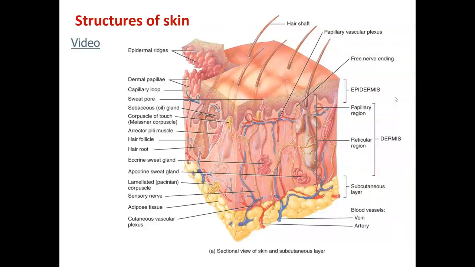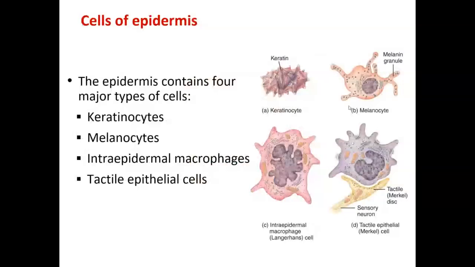And here's the subcutaneous fat. It's thicker on some people than others. So we'll talk about each of those, the important structures in the epidermis and dermis, in a minute.